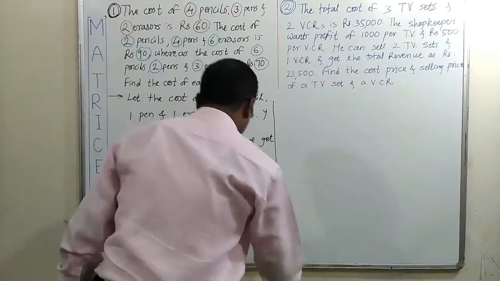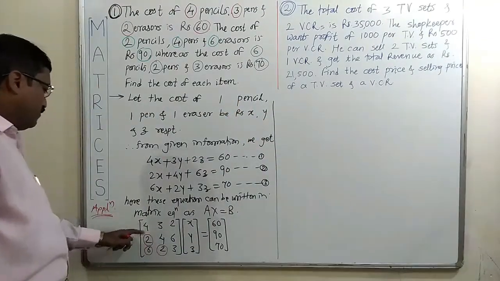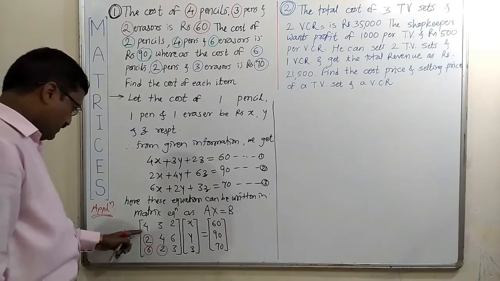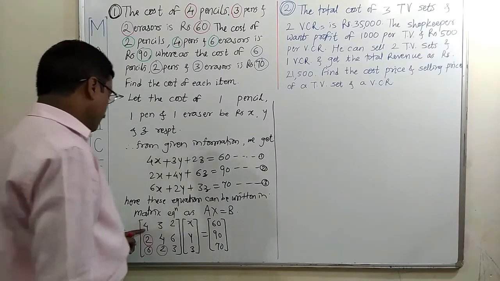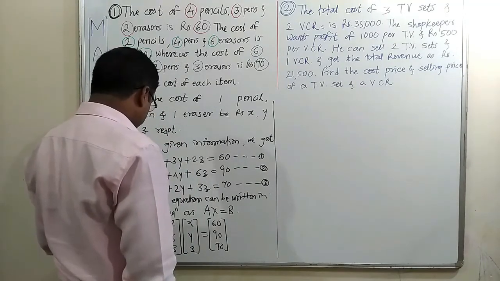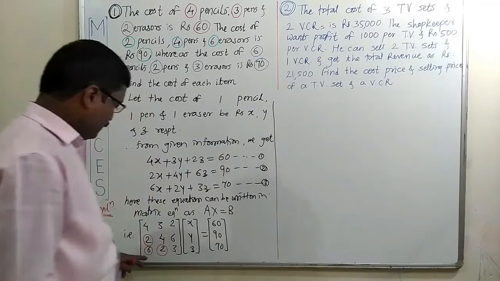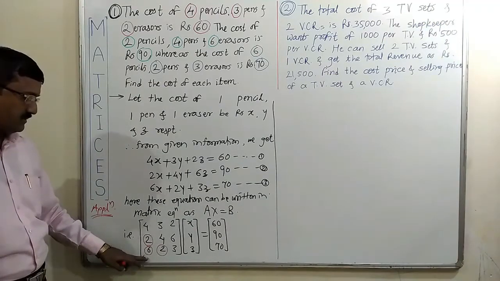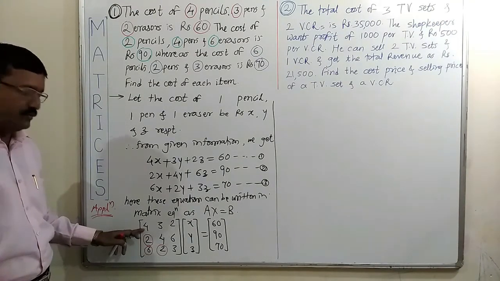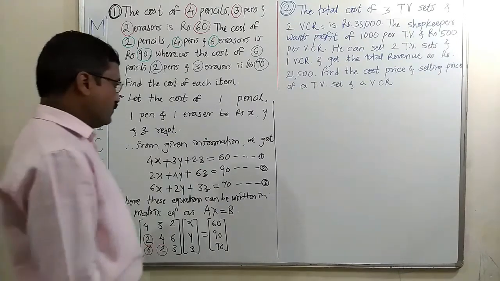So here we have to convert this 4 into 1. For that, if you take the half of this, then it will become 3, and subtract from 4, then this will become 1.